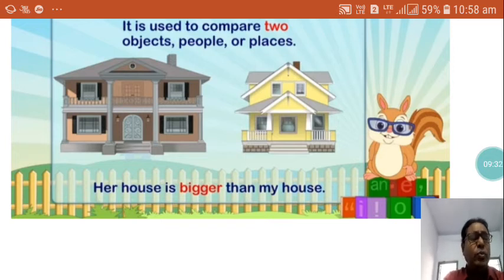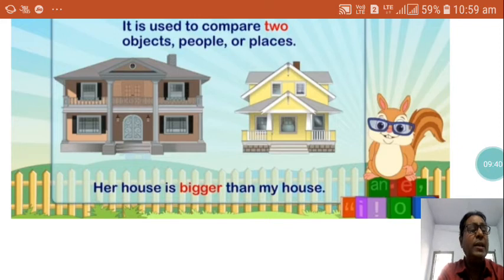Like that, you may say, this boy is more intelligent than that boy. Mohan is more intelligent than Raman. Here, more intelligent is the comparative form. You are comparing Mohan to Raman.